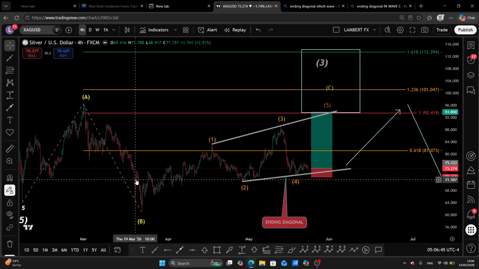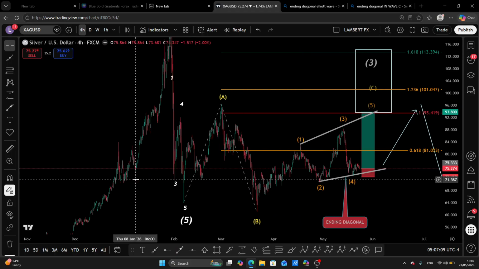So diagonals, you can find in a motive wave of Elliott wave. Only two places you can find any diagonal: the final leg 5 of an impulsive leg, or your wave C of a flat or a zigzag corrective pattern.